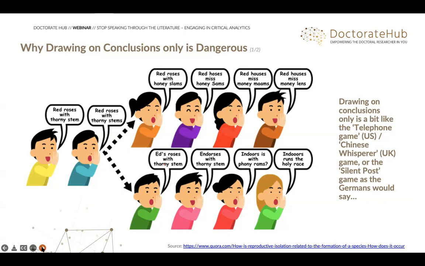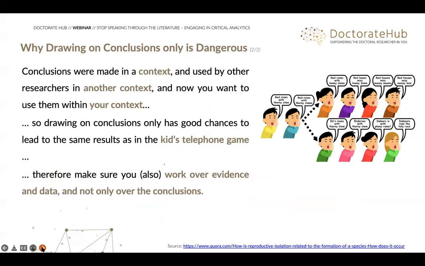So for all of that, you need that level of detail, which again makes the writing process much more time consuming, but this is the way it goes. Because conclusions were made in a context and used by other researchers in another context. And now you want to use them within your context. So it's already exactly three lanes down.